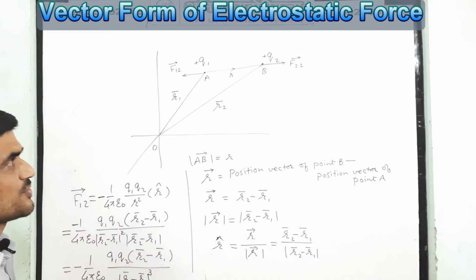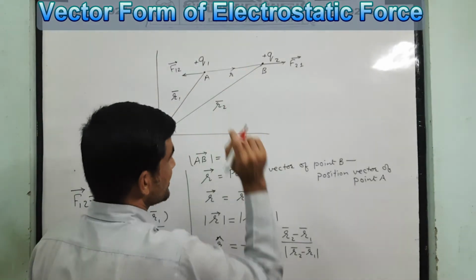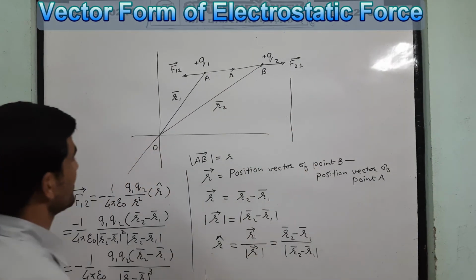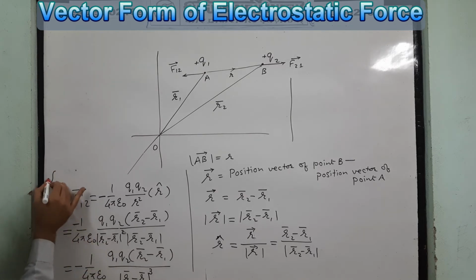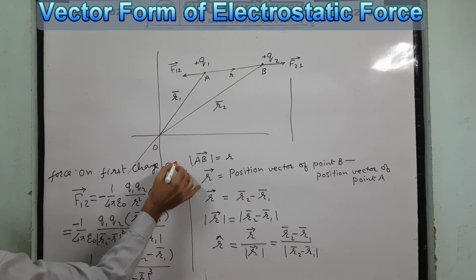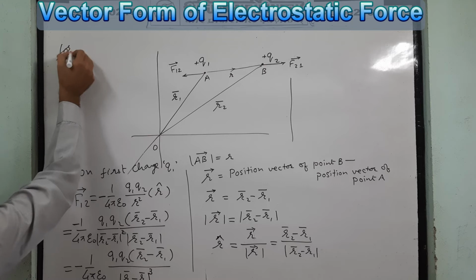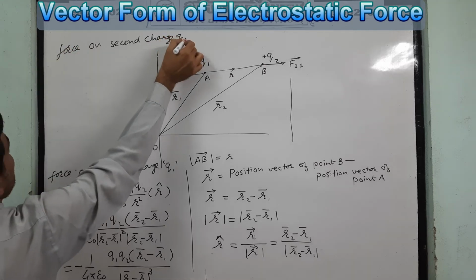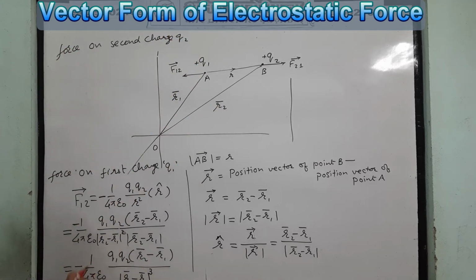Similarly, the force on the second particle we can write in vector form. This is the force on the first particle. Then force on second charge, we have the same expression only, but direction will be changed.